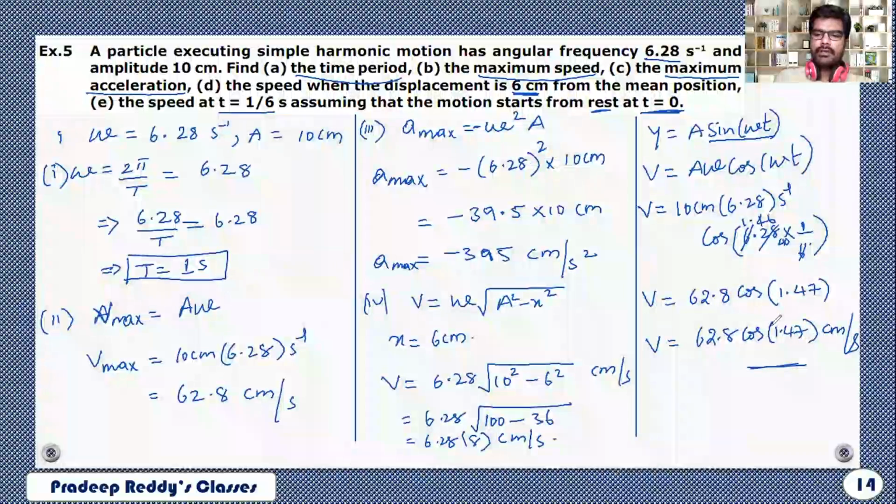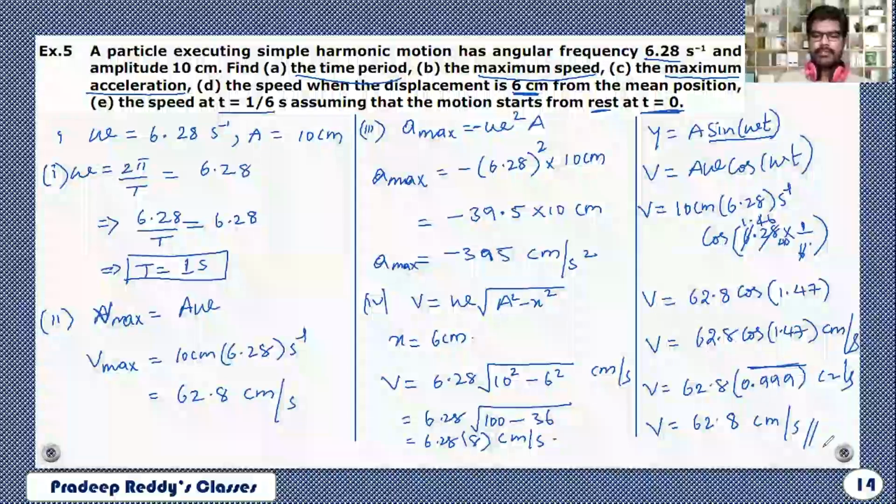So the cos of 1.47 value you need to substitute here, so that you will get velocity V. Cos of 1.47 is nearly 0.999, which can be written as 1. Therefore, V is equal to 62.8 centimeter per second. This is the speed when time is at 1 by 6 second.